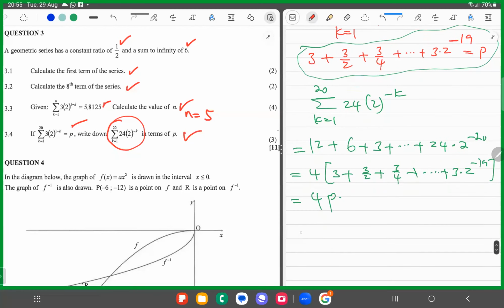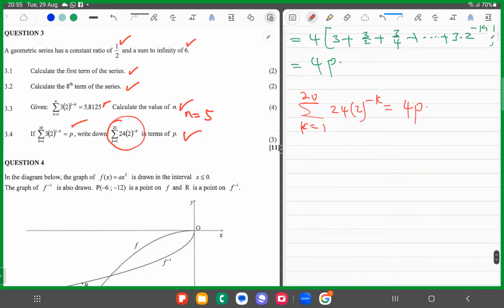This finite sum, a finite series, 24 times 2 to the minus k, is equal to 4p. We've written this sum in sigma notation in terms of p.